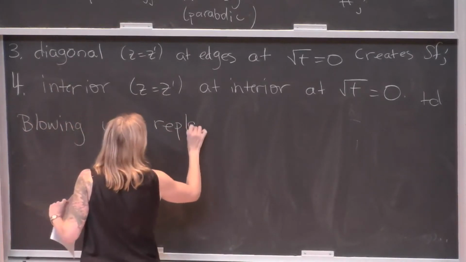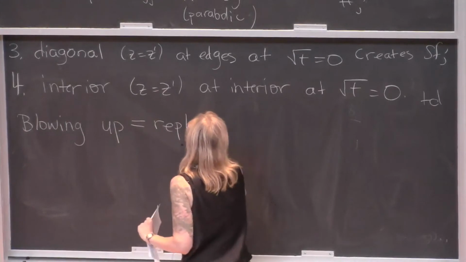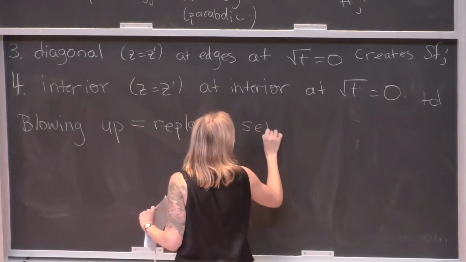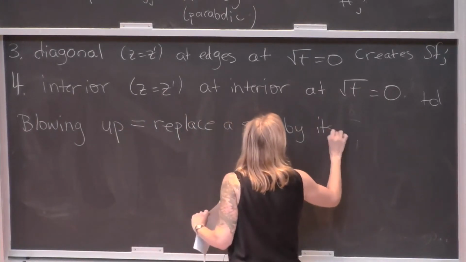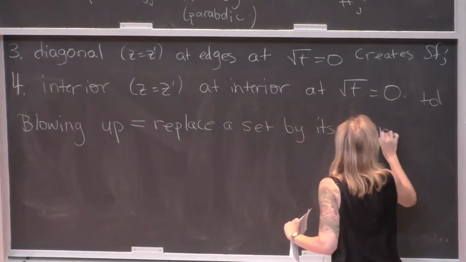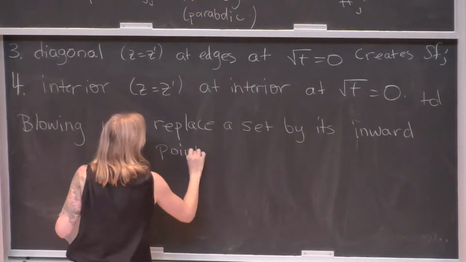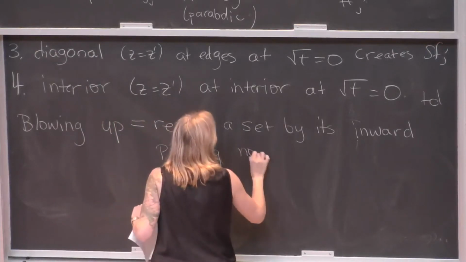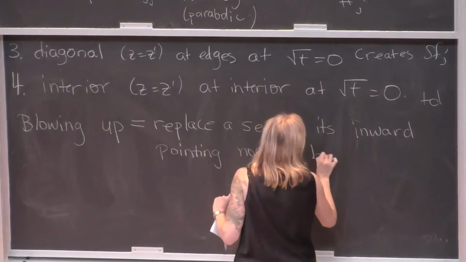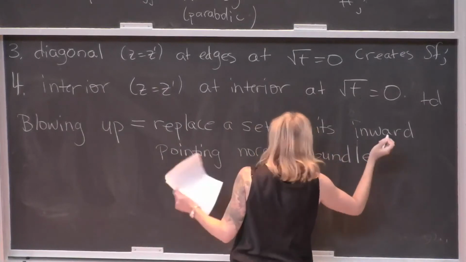So blowing up, the way you can understand it is you replace a set by its so-called inward pointing normal bundle. Okay, so what does that really look like?